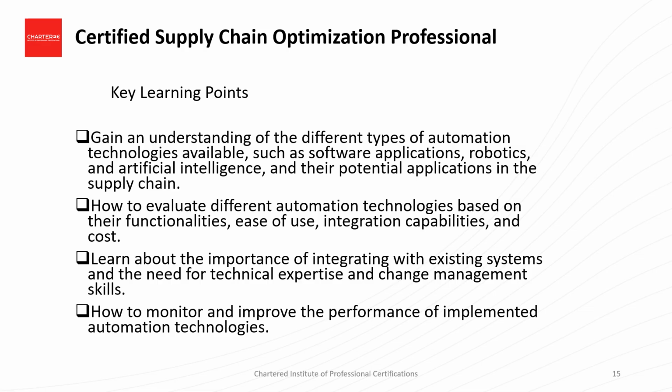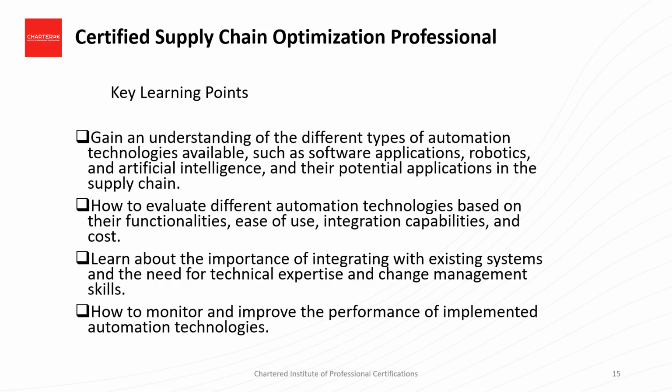I hope you were able to gain an understanding of the different types of automation technologies available, such as software applications, robotics, and artificial intelligence, and their potential applications in the supply chain. Key learning points include how to evaluate different automation technologies based on their functionalities, ease of use, integration capabilities, and crucially the cost.